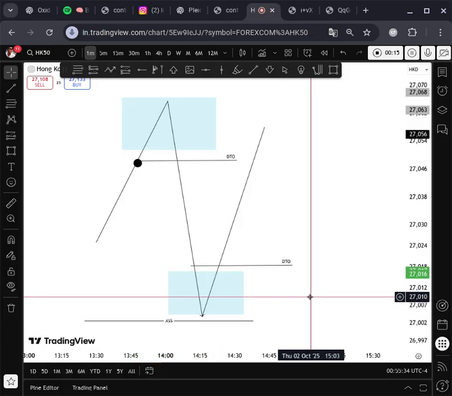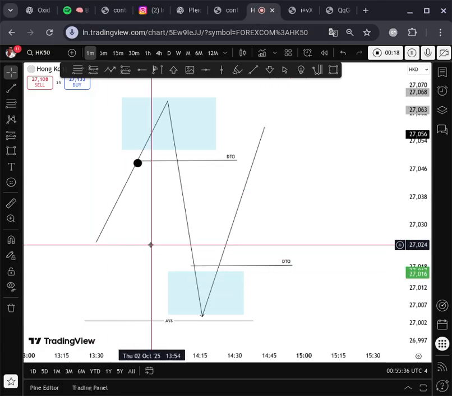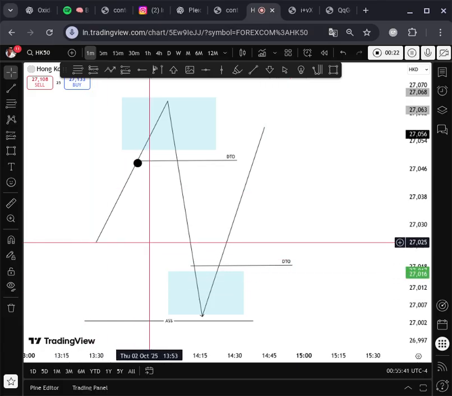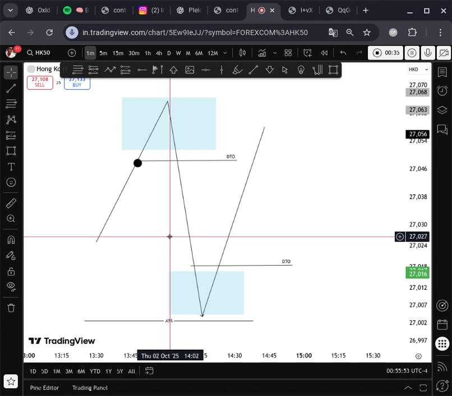What we know is that ICT himself said in the 2022 mentorship that we need to buy below DTO and sell above DTO. And TGR once said, and I watched a video, I was randomly watching reels one day, and I saw a video of TGR saying that he only trades futures.